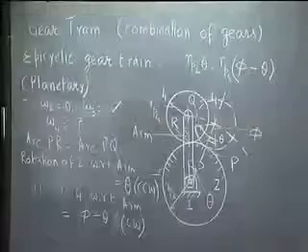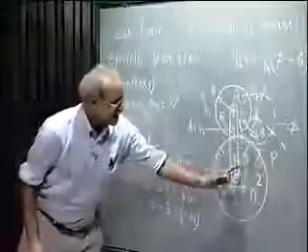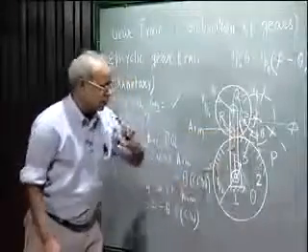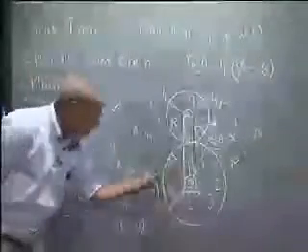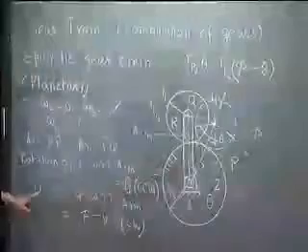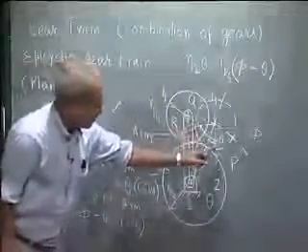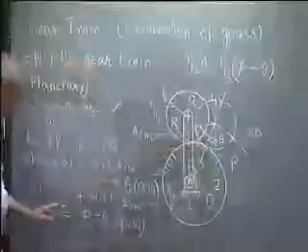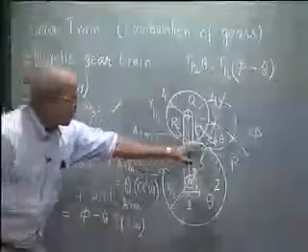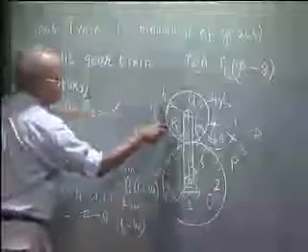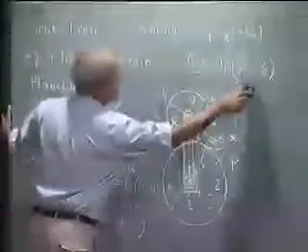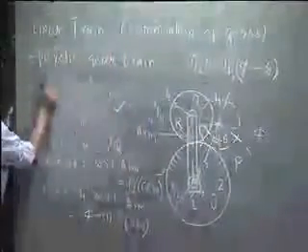Let me see again. Arm has rotated by an angle theta in the clockwise direction. Gear 2 has not rotated. So rotation of 2 with respect to arm is theta but in the counterclockwise direction. Rotation of 4 is phi, rotation of arm is theta, so rotation of 4 with respect to arm is phi minus theta in the clockwise direction. And because of these two arc lengths being equal, this is the relationship between phi and theta.